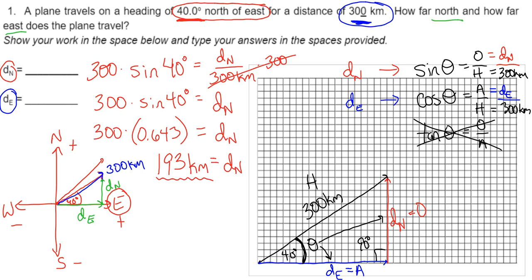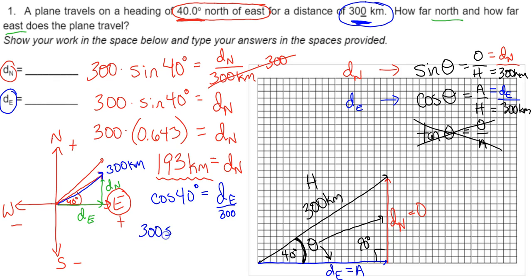Okay. So now I'm going to do the same thing with my distance east. So this time we have the cosine of theta, or the cosine of 40 degrees, is equal to the distance east over 300. Okay, set that up the same way, so multiply both sides by 300.